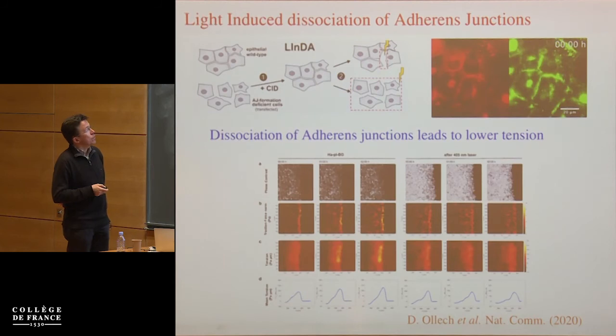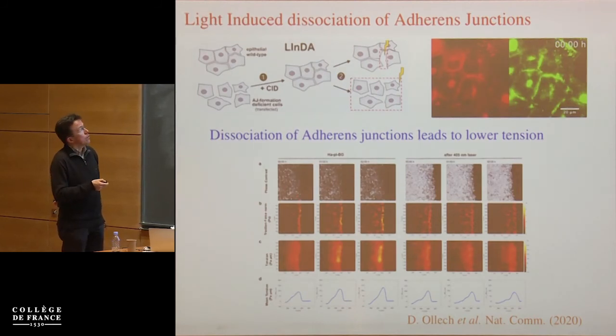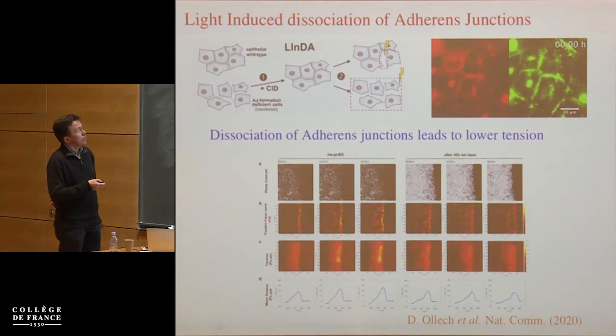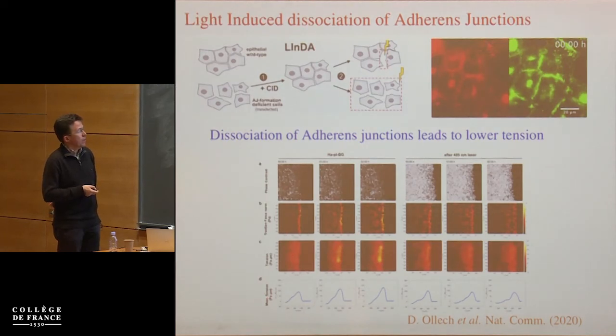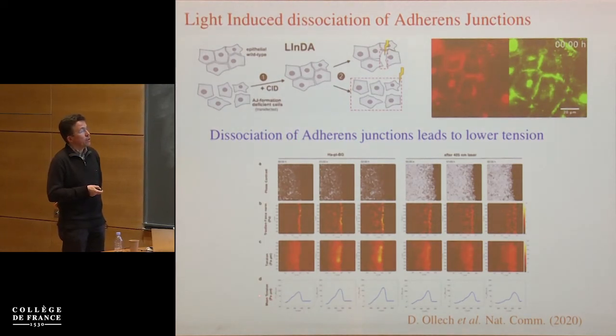And what you see here is a series of snapshots along time of the phase contrast image of the monolayer, the spatial patterns of the traction force norm, the spatial patterns of the tissue tension, and finally the 1D profile of the tension in the monolayer. On the left, before photocleavage, and on the right, after photocleavage.